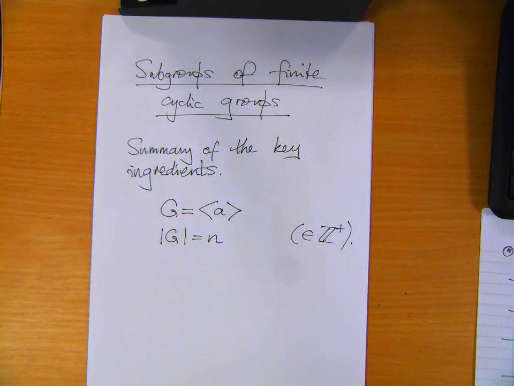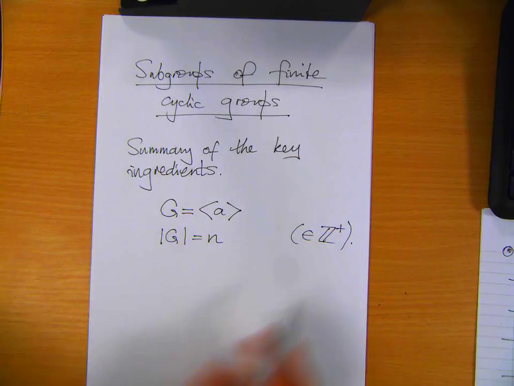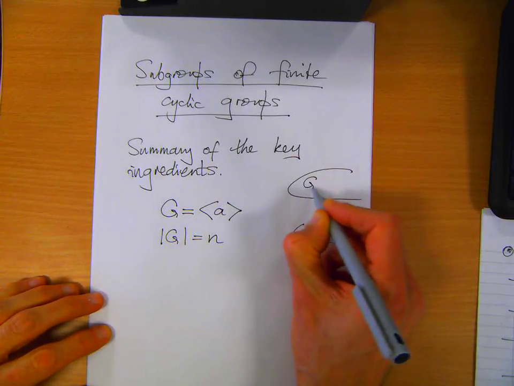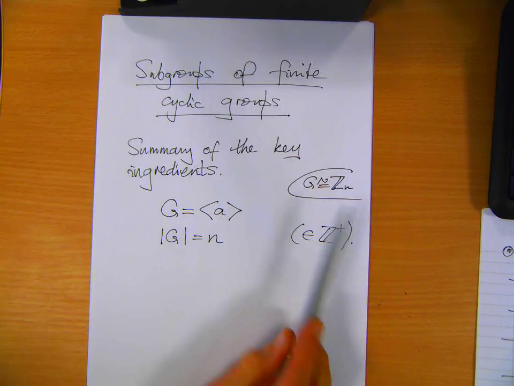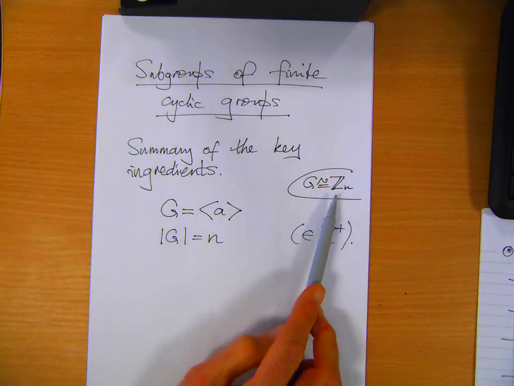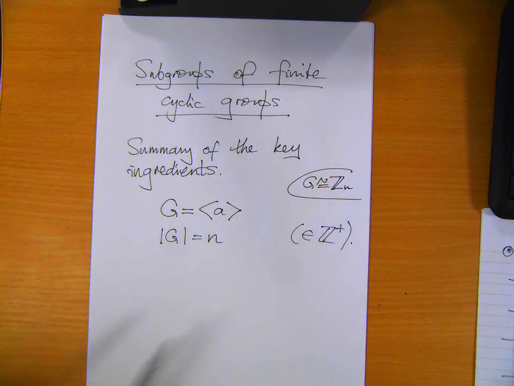But it's actually possibly easier to use multiplicative notation rather than additive notation. So I'm just going to stick with a general cyclic group of order n. But of course G is isomorphic to Zn, as we've already said. So if you prefer just to work with this concrete model of the group, then that's fine.